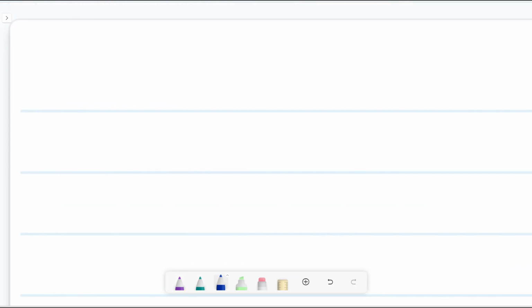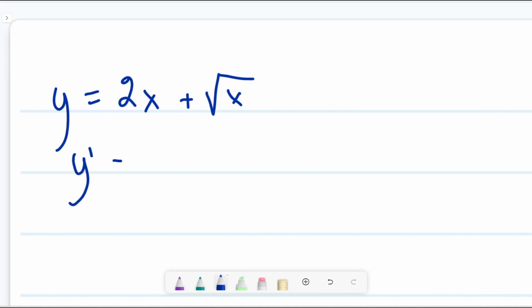Let us proceed. If we have y equals 2x plus square root of x, what is the derivative y prime? First of all, I will rewrite y as 2x plus, instead of square root of x, I will write x to the half. Now I will take the derivative. The first term 2x, I leave the 2.